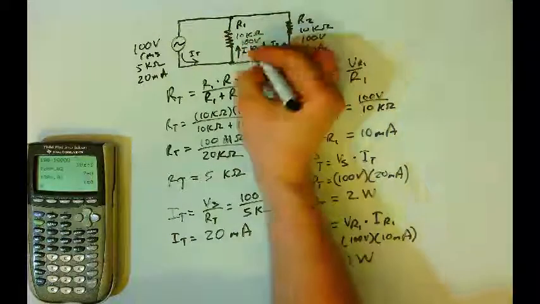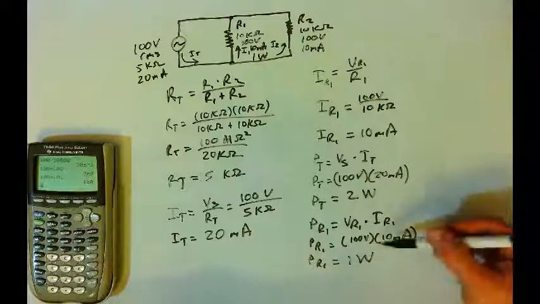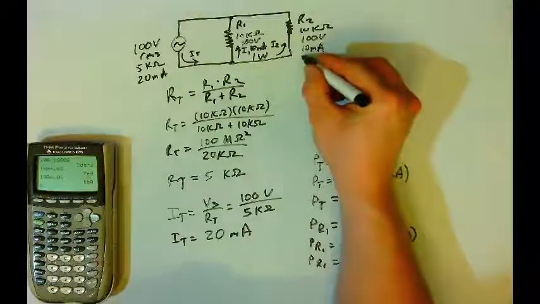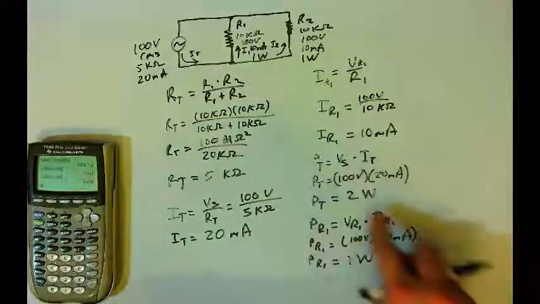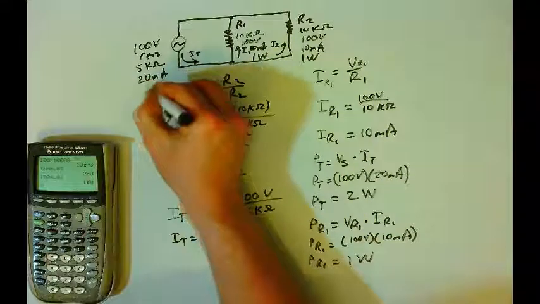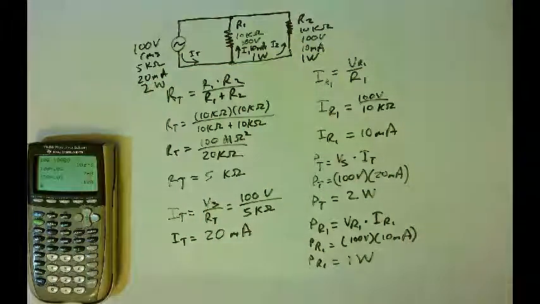And so the power in R1 is 1 watt. Power in R2 will also be 1 watt because we have the same voltage and the same current that we did before. And the total power of the circuit, I didn't write it, 2 watts. The total power of the circuit, 2 watts, is equal to the sum of all of the power drops in the circuit. And so now we've solved the circuit.